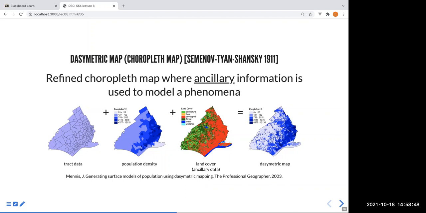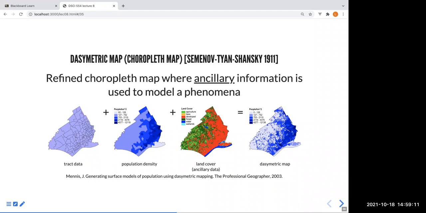If it's a wood, then you don't expect people there, but for everything that is constructed, where you have cities and villages, the density is going to be higher in those areas, right?